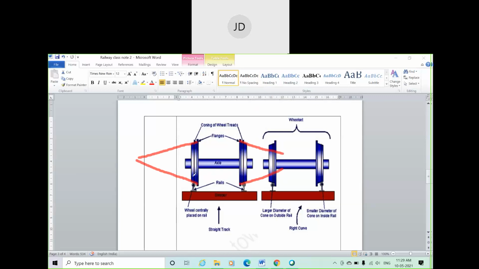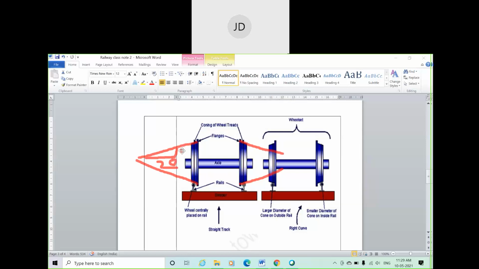The wheel of a train is not made horizontal or parallel. It is made at an angle, that means it is made in a cone. So this slope is provided. What is the amount of the slope? 1 in 20.